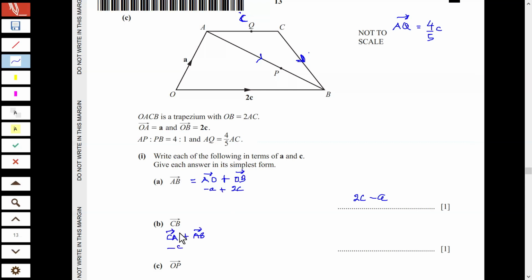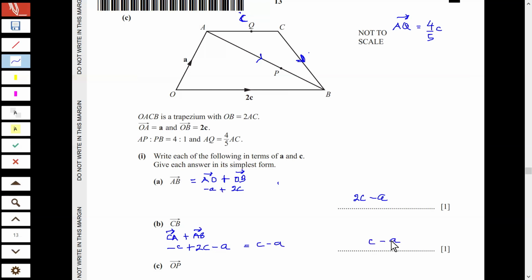And vector AB, as we already answered in question A, is 2C minus A. So this would be plus 2C minus A. Because negative C plus 2C is equal to C, the answer here is C minus A.